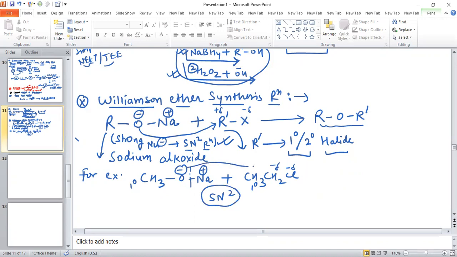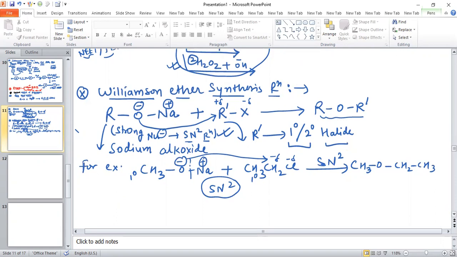This negative charge will attack the positive center. So the mechanism followed by the reaction is SN2, and the product obtained will be CH3O CH2CH3. So an ether is obtained as a product when we use a 1 degree or 2 degree halide.